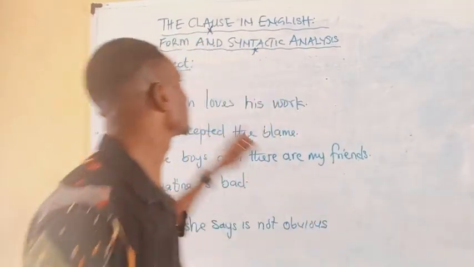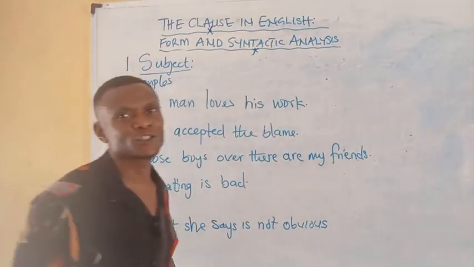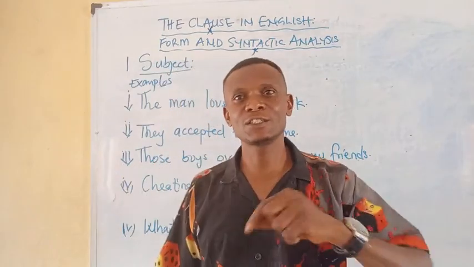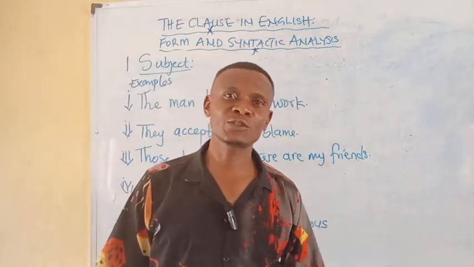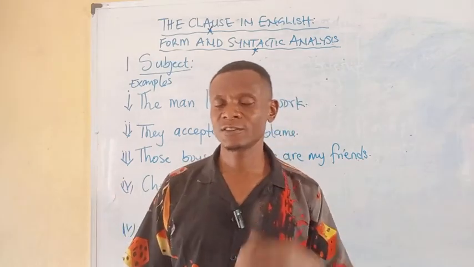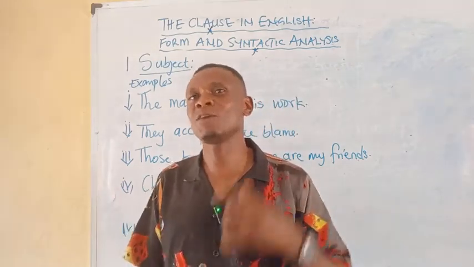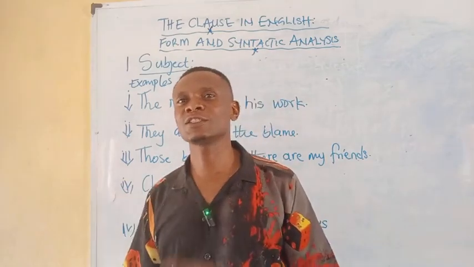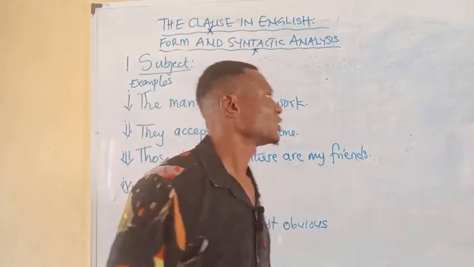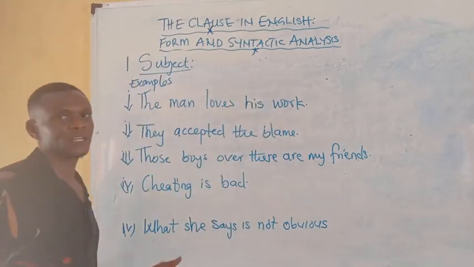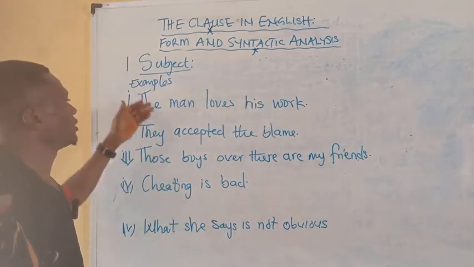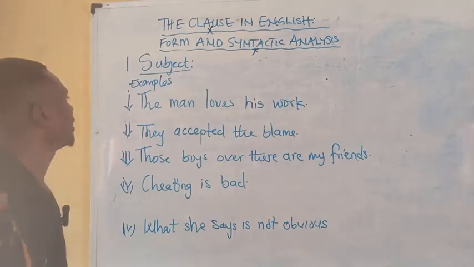Number one element is the subject. What is a subject? A subject is the doer or performer of an action in a sentence. That is, the group of words that performs the action in a sentence is referred to as the subject. Now let's look at examples and see how they occur. Number one, the man loves.